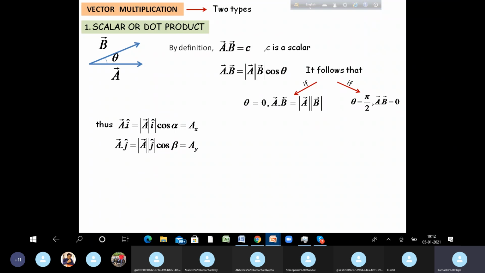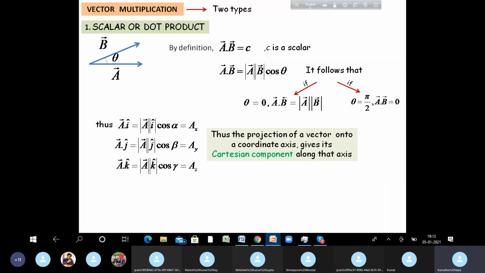Similarly, A dot j will give you A cos beta, that is Ay, and A dot k will give you A cos gamma, that is Az, which means that the projection of a vector onto a coordinate axis will give the Cartesian component along that axis.